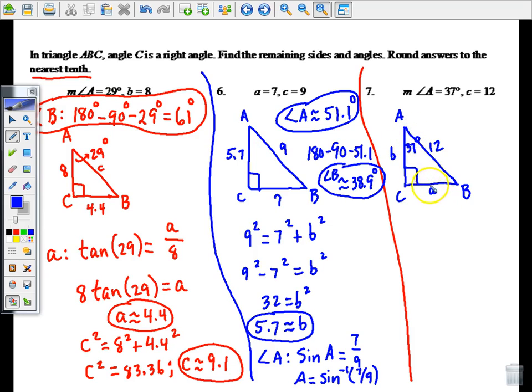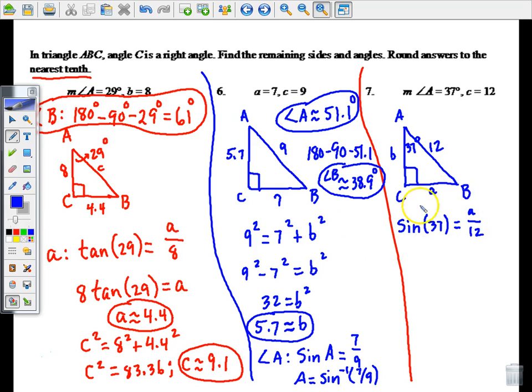If we want to find, for example, side A, I can use the sine function, because looking from angle A, which I'm given, it's opposite over hypotenuse. So sine 37 degrees is equal to the opposite side over the hypotenuse.